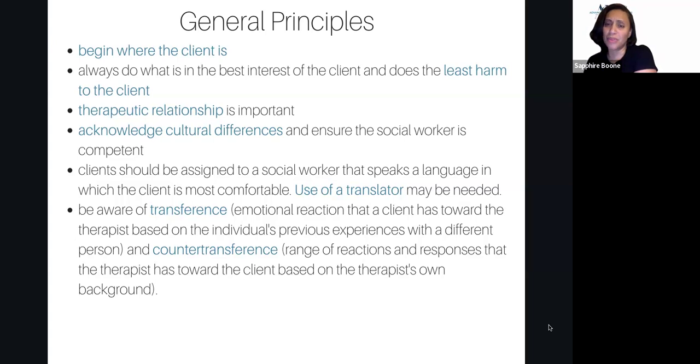We talked about this with the Code of Ethics as well, about the use of a translator, making sure our service delivery is effective. And then I also wanted to give a reminder about transference and countertransference, as that may show up in your therapeutic relationship with your client.